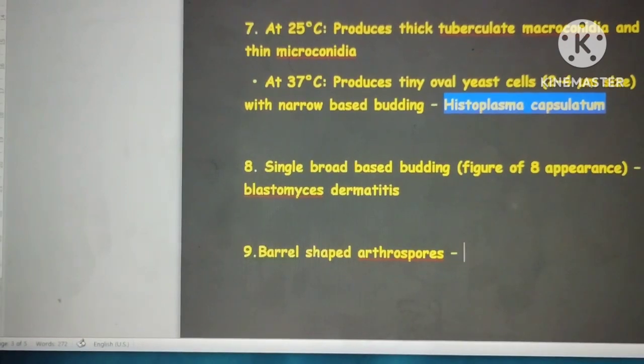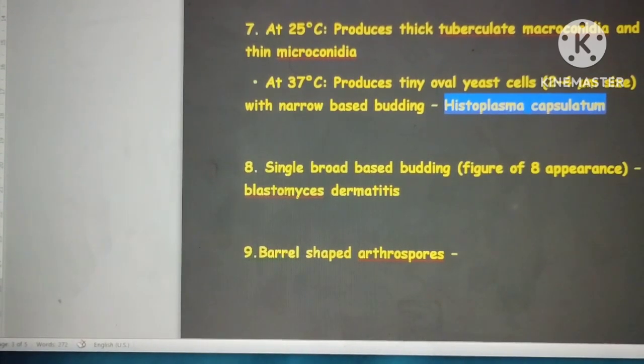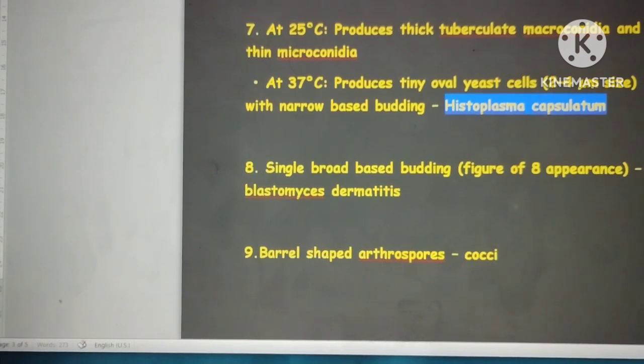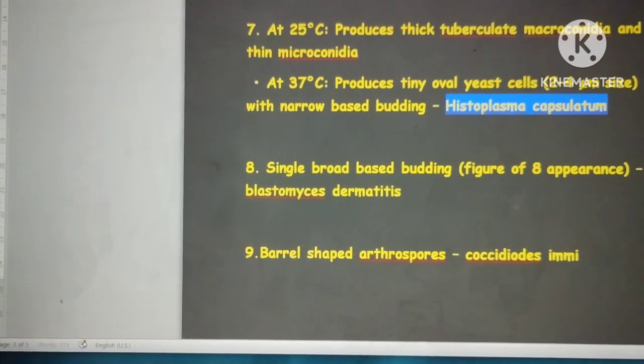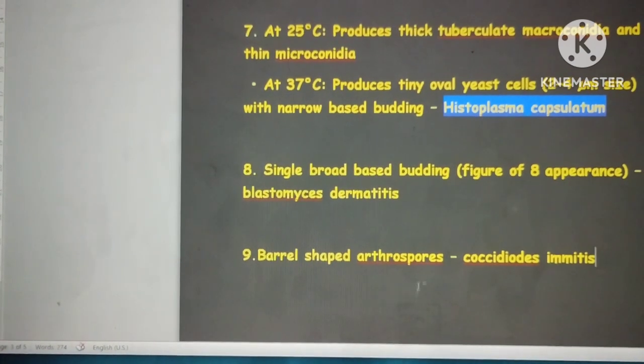So here, if you come across the term barrel-shaped arthrospores with interconnecting segments, then it is, okay, Coccidioides immitis. So what I am saying here, these are the key points.